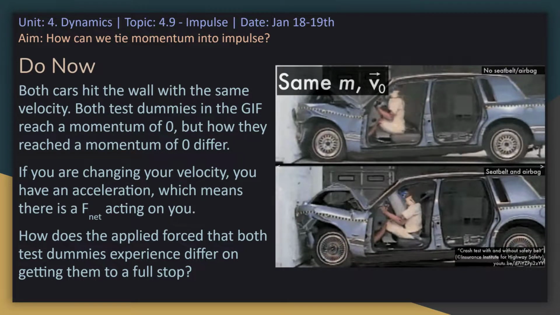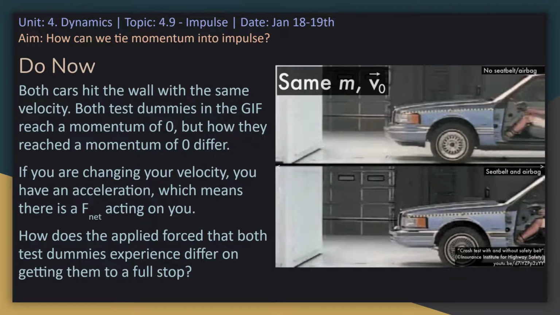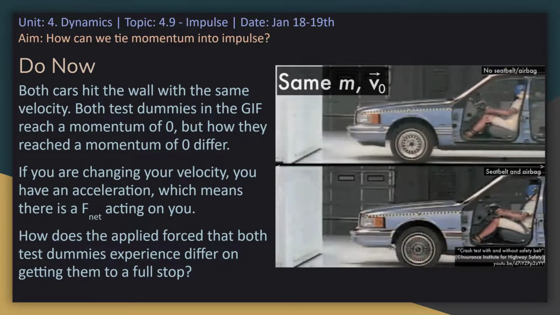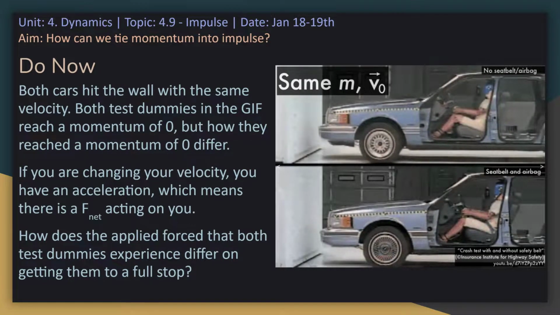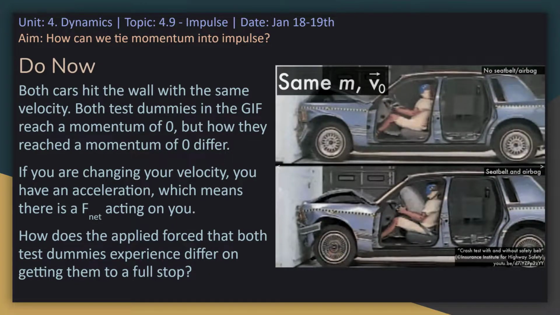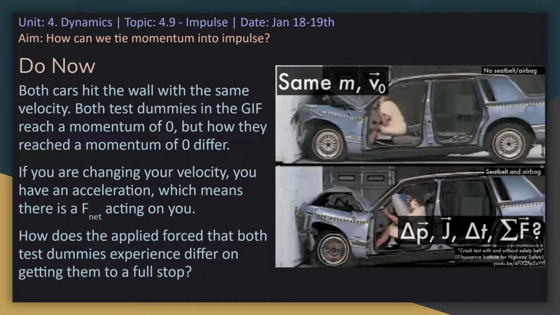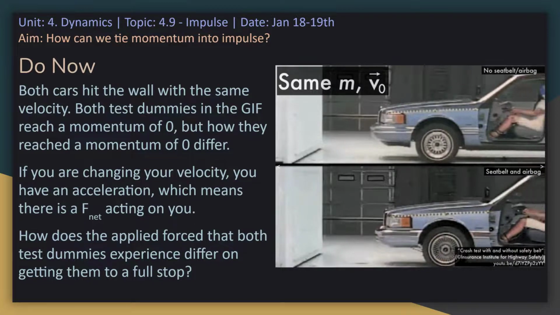In both situations, you start with the same momentum, which means you require the same amount of force to stop both test dummies. But how does that force differ? What is different when there's an airbag and a seatbelt versus no airbag and a seatbelt? And that is the question, right?